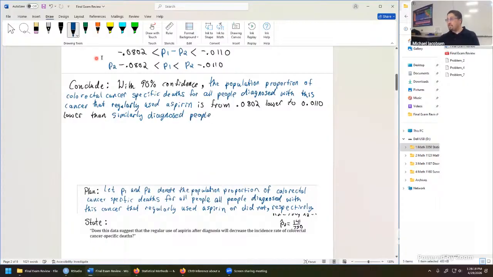We're returning to blue because now we're putting P2 there. We don't have to say the entire thing again because that's one big long run-on paragraph. So I just paraphrased to similarly diagnosed people that did not regularly use aspirin.